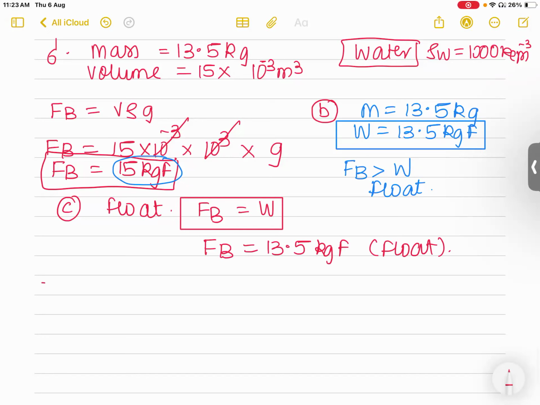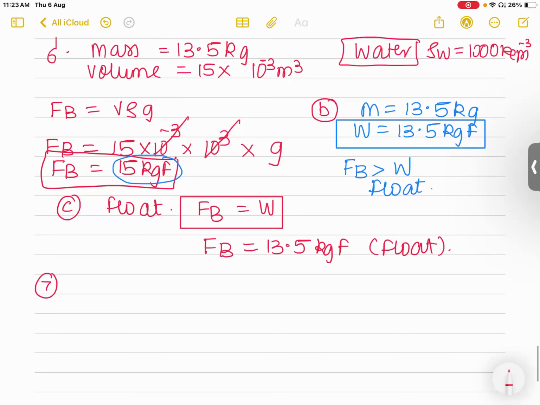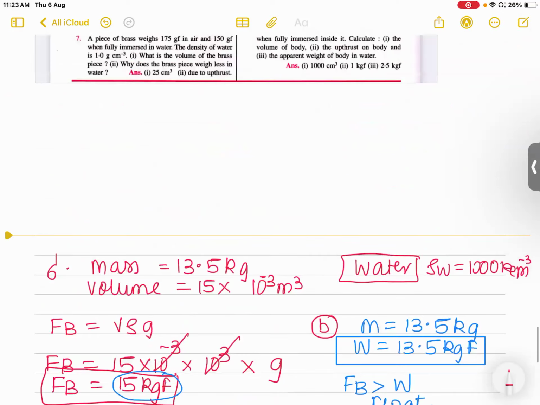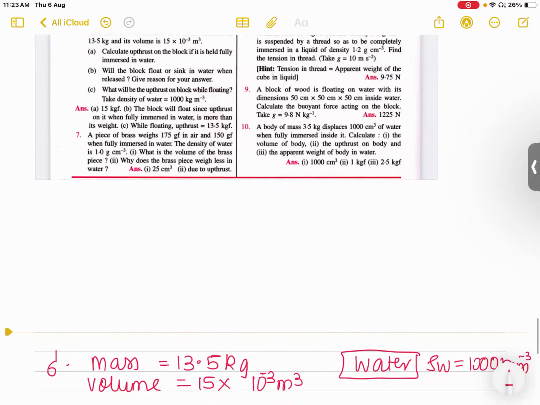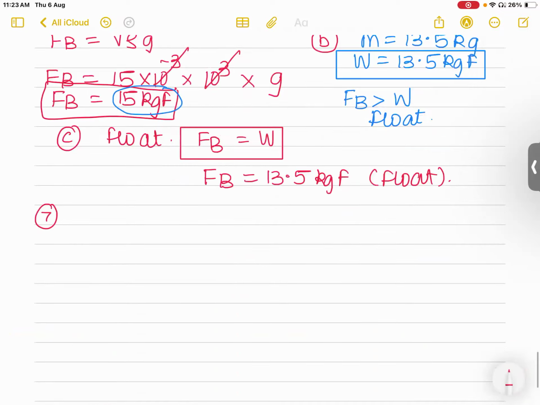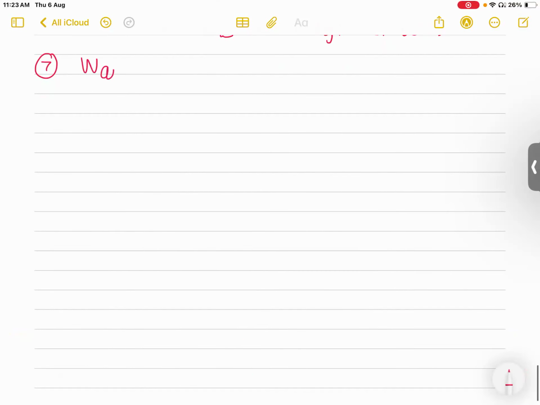Seventh question. Come on. Question number 7 is like this: a piece of brass weighs 175 gf in air and 150 gf when it is immersed in water. So I will write here weight in air is 175 gf, and the weight in water given to us is 150.